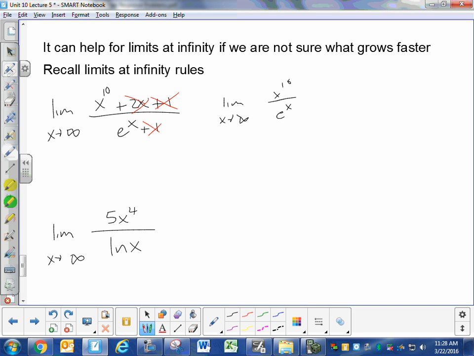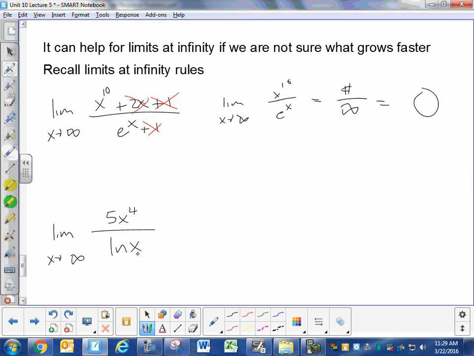Now this, you have to remember that when we have a variable in an exponent, it will always go faster than x to any power, and that this would essentially be like some number divided by infinity, which is 0. I'd rather you remember that than use L'Hopital's for that.